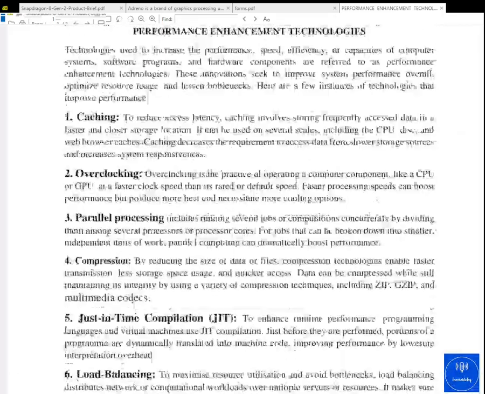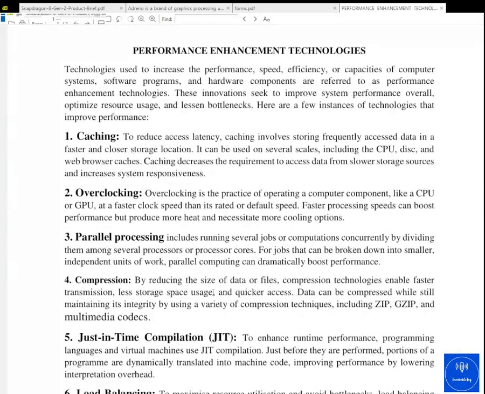So basically, those are the few technologies that I want us to focus on today. We are not going to go deep into what they really are and how they work, but we are just going to mention how they help in the overall improvement of performance of a computer system. So be my guest. So starting us off is what we call caching.